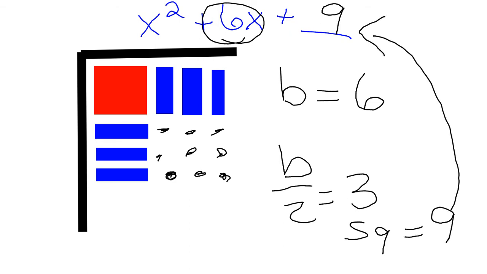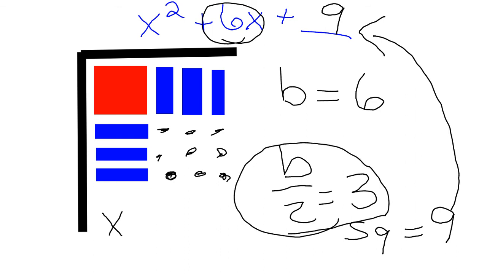The last thing is that you need to write it in a specific format to be able to solve these problems later on. That format would look like this. So we take the square root of x squared, which is x, and then we take this number right here, the 3, the half of b. So half of b is 3. We put it in parentheses, squared.